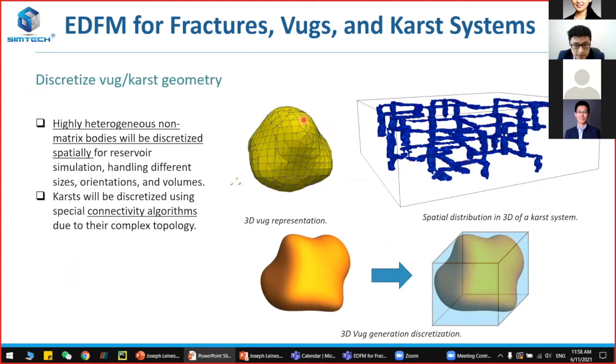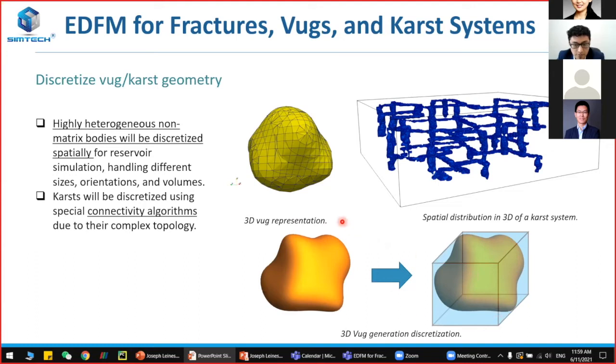This is how the third-party software provides the data. As we can see, if we try to use all those complexities directly, it may be challenging. So in this part of the discretization, we're trying to find the best ways to reduce the complexity of the Vug systems, so we can actually use them in our simulations.